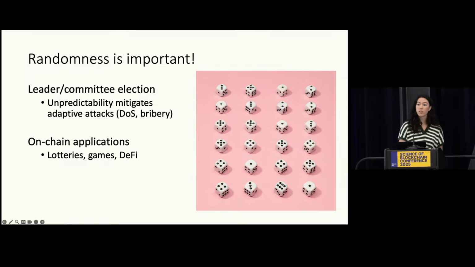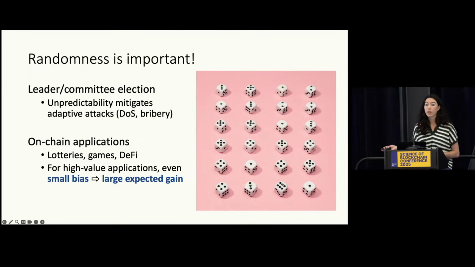Randomness is also very useful for on-chain applications, such as lotteries, games, or DeFi. And here it's important that even a small amount of bias to this randomness can induce a huge expected gain. For example, if you had a slot machine on chain where an attacker could get a small gain in expected value, they could keep playing and amplify this gain. So we really want unbiased randomness.